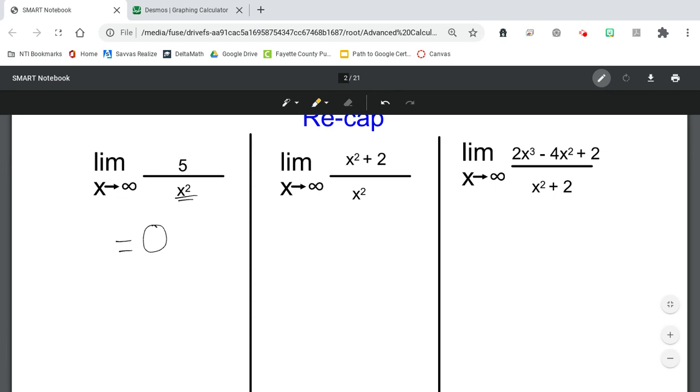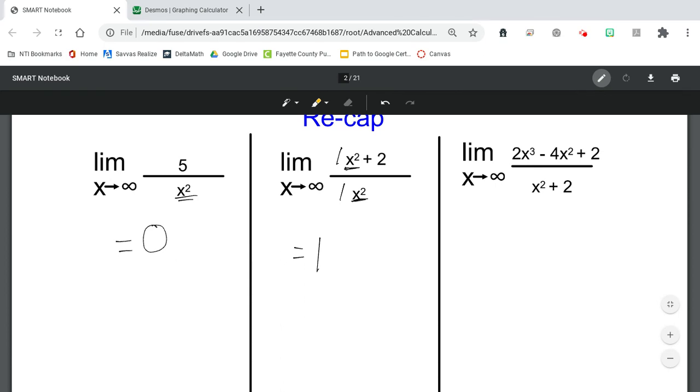The middle one, the limit as x approaches infinity of x squared plus 2 over x, you would get this limit to evaluate to be 1 because the degree of the numerator is the same as the degree of the denominator. So you would look at the ratio of those leading coefficients, and 1 divided by 1 is 1.